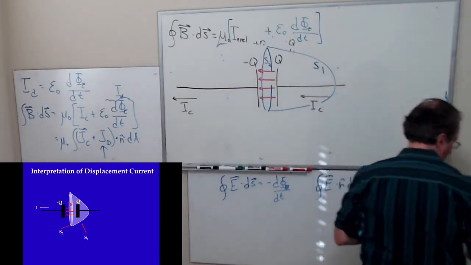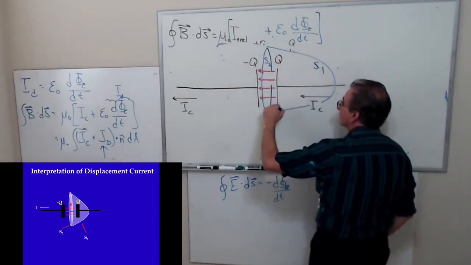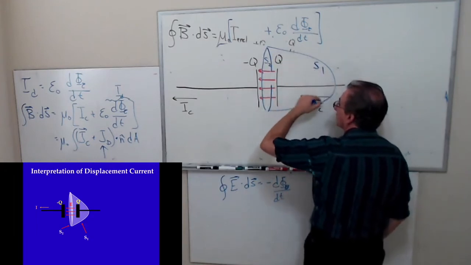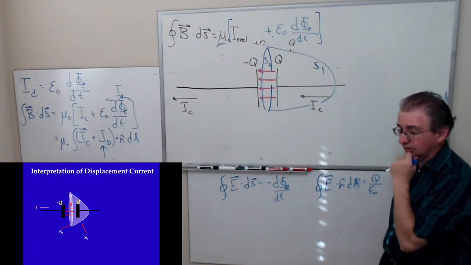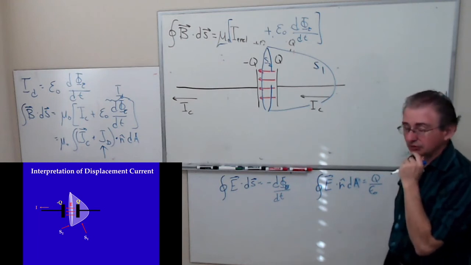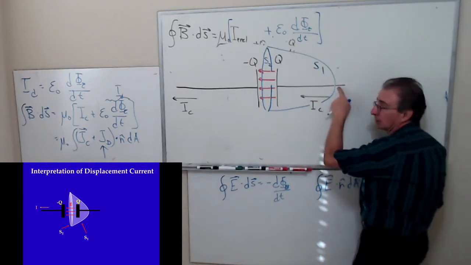So in this surface, what do I have? What's punching through the surface? The current's punching through the surface right here.